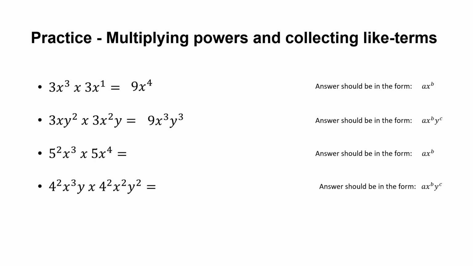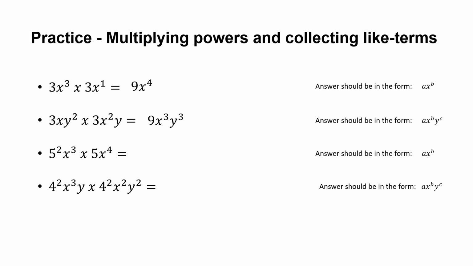Moving on, we have 5 squared x cubed times 5x to the power of 4. In this case, we have our number terms, which are the 5 squared and the 5. And then we have our x terms, which are the x cubed and the x to the power of 4. There are a number of ways you can do this for your number term.